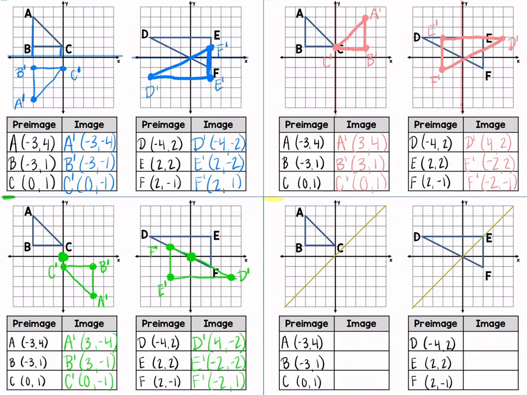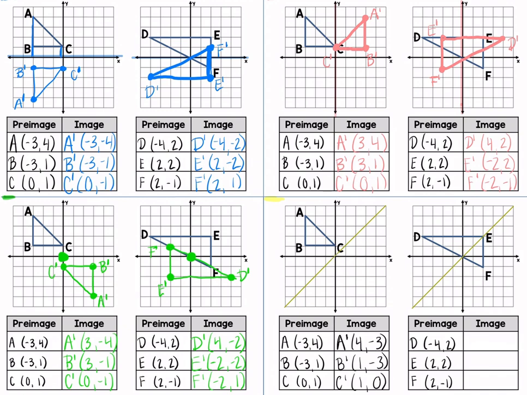So for this, A prime is gonna be, so I have -3, 4, so that's gonna be 4, -3. B prime is gonna be 1, -3, and C prime is gonna be 1, 0. Okay, so 1, 0 is right here. Oh, excuse me, no, it's not.